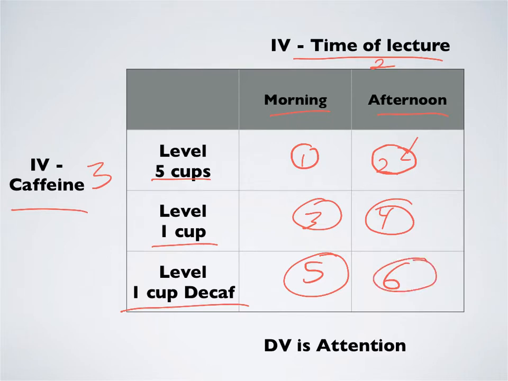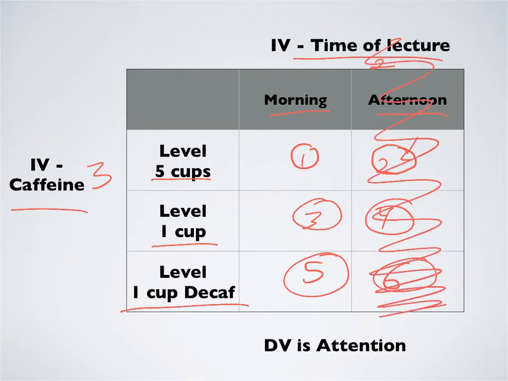If you only had one IV, right? So let's say time was not an IV and only caffeine was an IV. Well, now we don't even have time. We just have 5 cups, 1 cup, or decaf. In this situation, the levels match up with the condition.